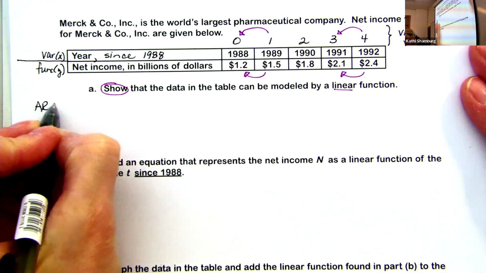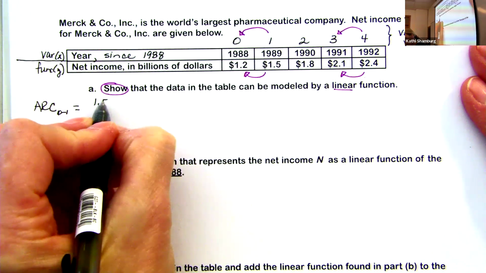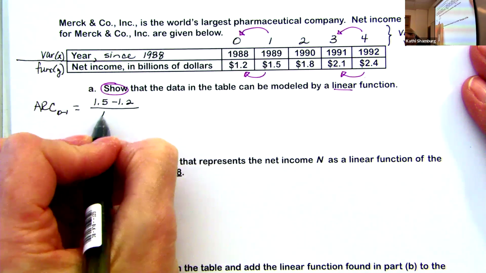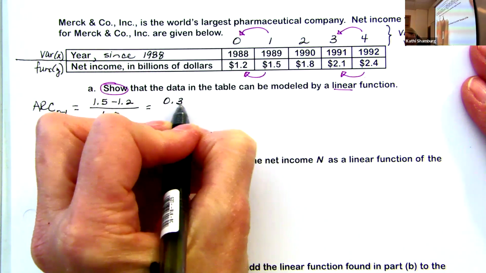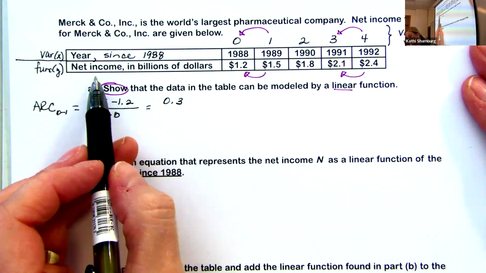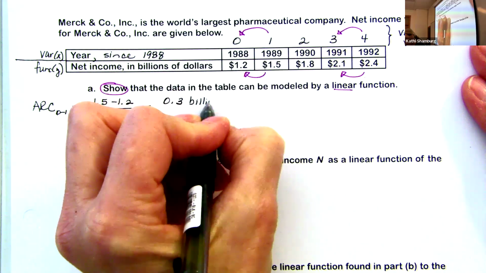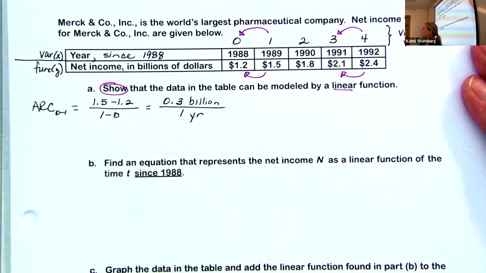So the average rate of change from 0 to 1 years would be 1.5 minus 1.2 over 1 minus 0. And we get 0.3. And that is talking about billion over 1 year.